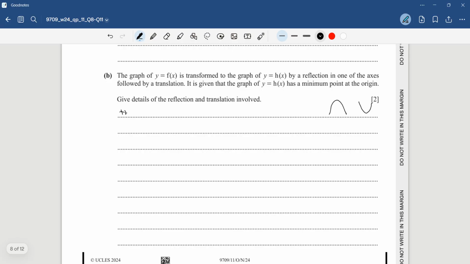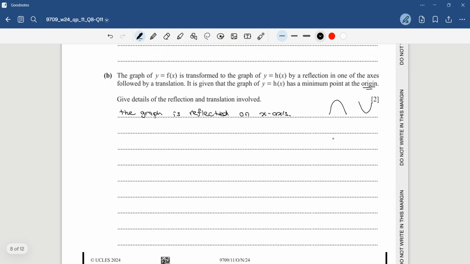So the graph is reflected on the x-axis. Now the minimum point is at the origin, meaning at (0, 0). So now it means it goes through the translation.